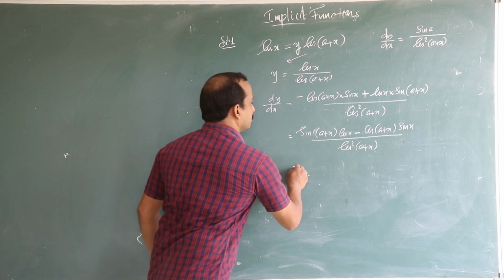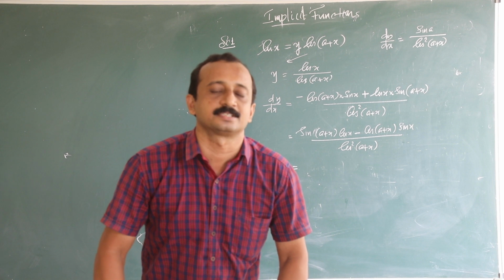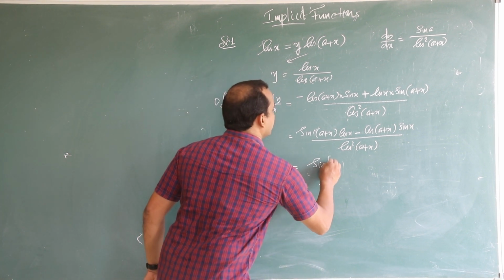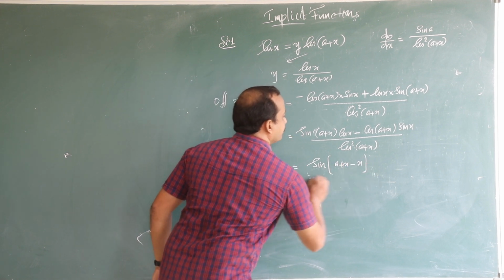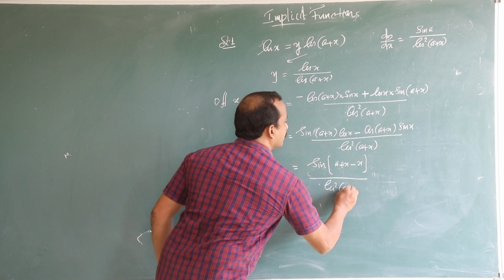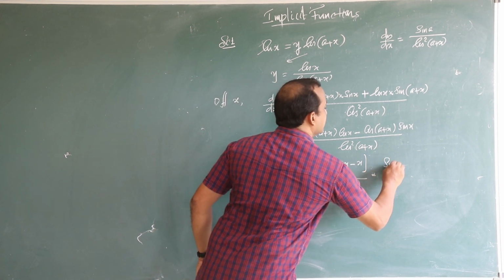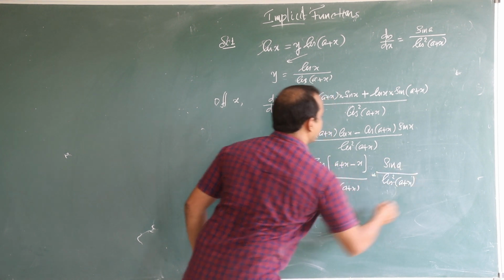You know the result, sin a cos b minus cos a sin b is equal to sin of a minus b. Using that result, a corresponds to the angle a plus x and b corresponds to x, the whole divided by cos square of a plus x. Here x cancels and therefore we get the answer sin a divided by cos square of a plus x.